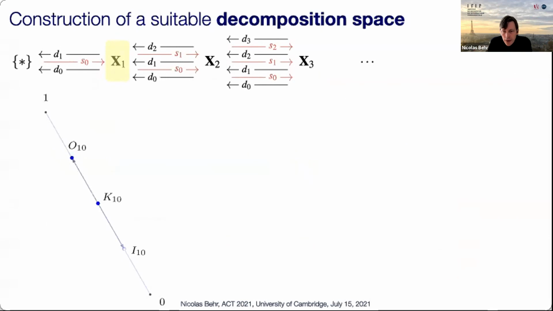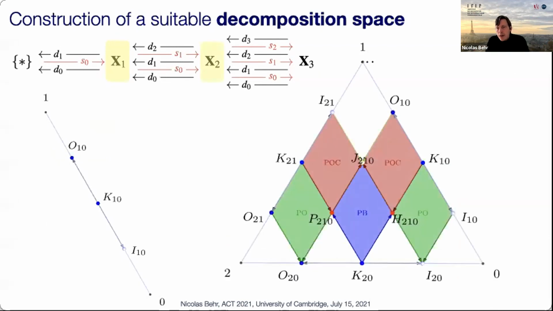So far, nothing very interesting. But then at degree 2, you get this sort of Harlequin type diagram. And the idea is that in the lingo of decomposition spaces, you say the short edges of this 2 simplex are the 0, 1 and the 1, 2 edges, and the long edge is the 0, 2.